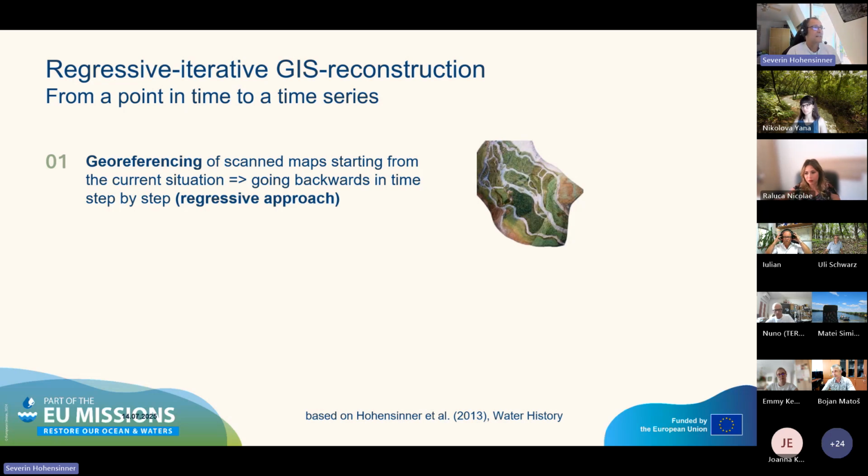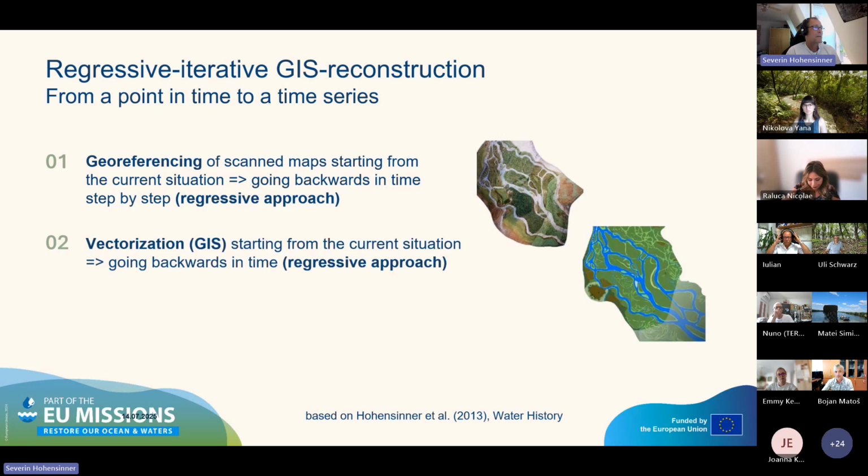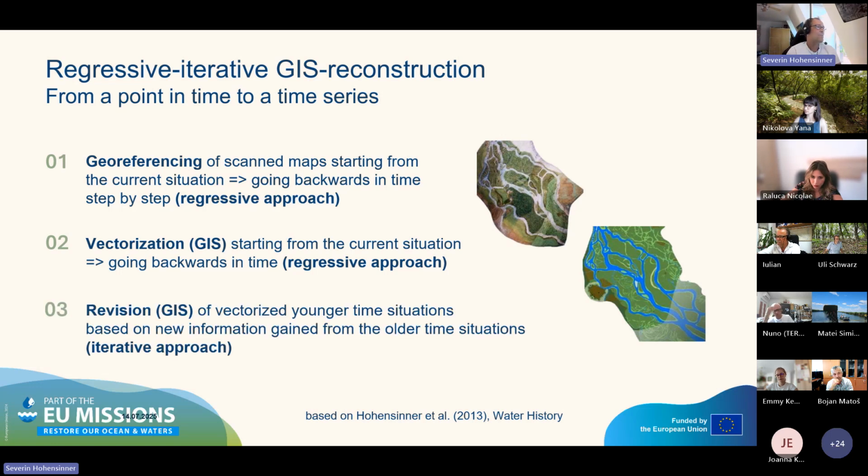This is the regressive approach. Then we vectorize the georeferenced maps, which means we draw polygons and polylines, also starting from the current situation and going back in time, also the regressive approach. And the third is the revision of the already compiled GIS maps.